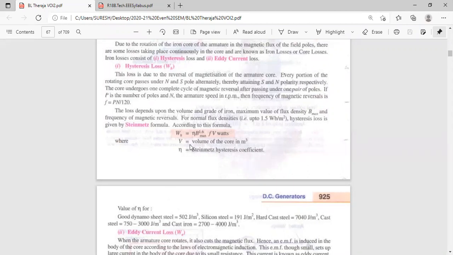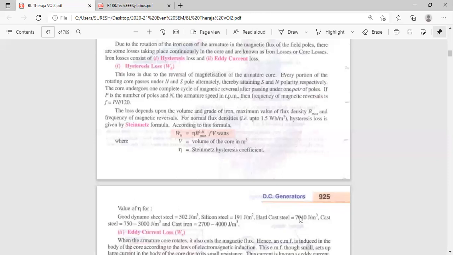Value of eta. This eta will be for different materials. Suppose if the iron piece is made up of sheet steel, the value of eta is 502 joule per meter cube. If the iron piece is made of silicon steel, the value of eta is 191 joule per meter cube. All these things, no need to remember, no need to study also.